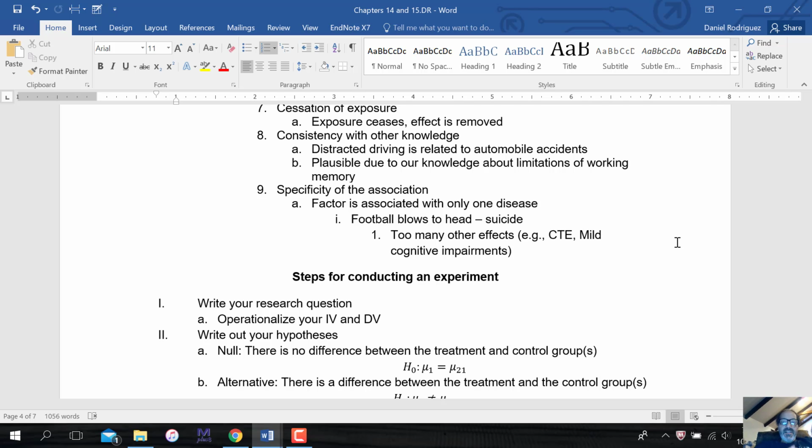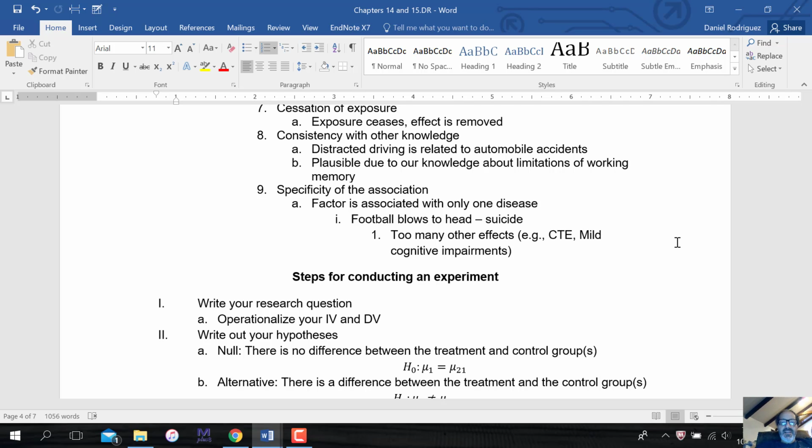And the specificity of the association, so the factors associated with only one disease. A good example of this is the belief that the suicides we see among retired National Football League players are caused by concussions, or blows to the head, I should say.